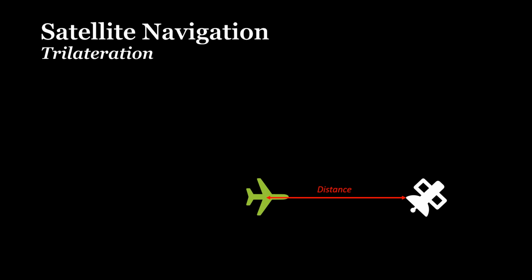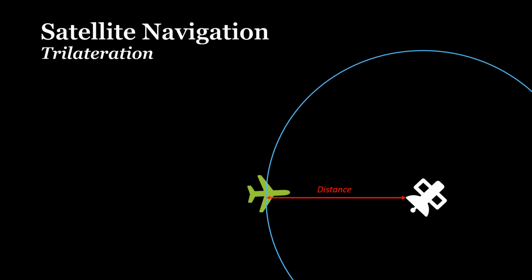Using the distance as radius, the aircraft can be positioned anywhere on the circle around the satellite. In the horizontal plane, 3 satellites are sufficient to obtain the exact position of the aircraft. Note that in 3D space, at least 4 satellites are required.